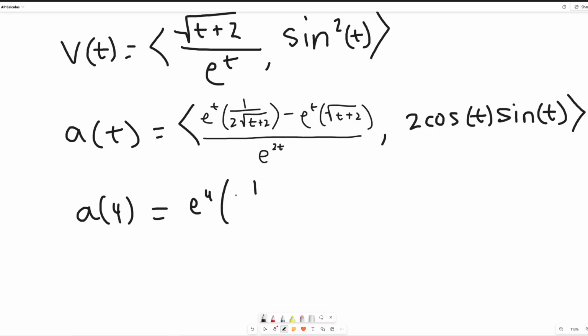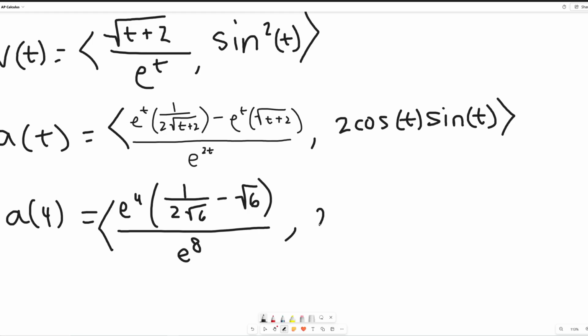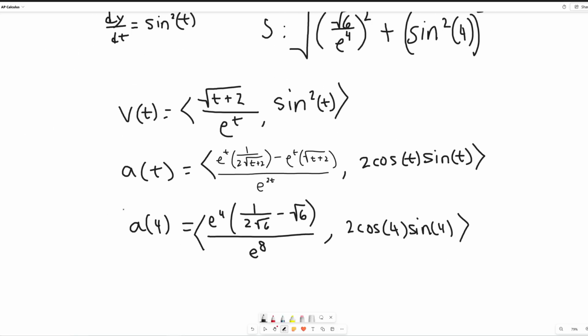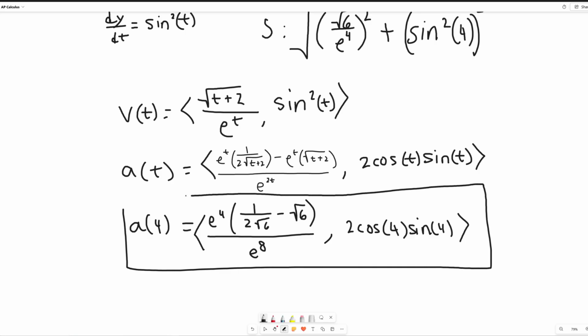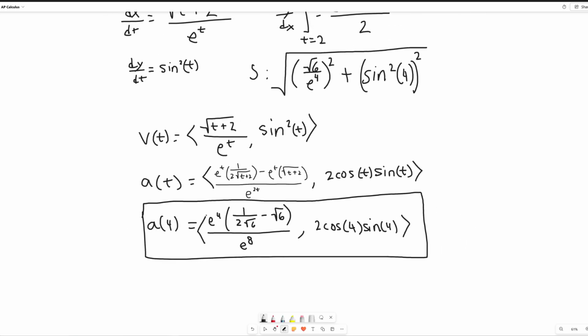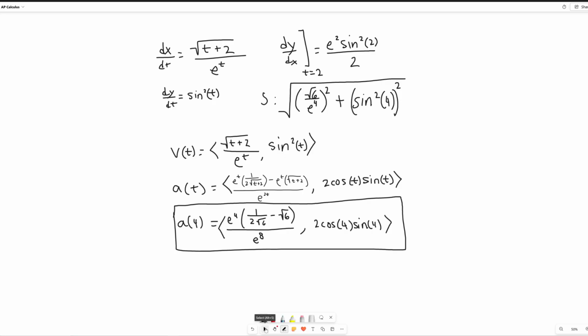So I'm going to have 1 over 2 root 6 minus root 6 over e to the 8th, comma, 2 cosine 4 sine 4. And then this is our final answer for our acceleration vector at t equals 4. Long answer. And again, you would want to simplify this in your calculator for the actual AP test answer.